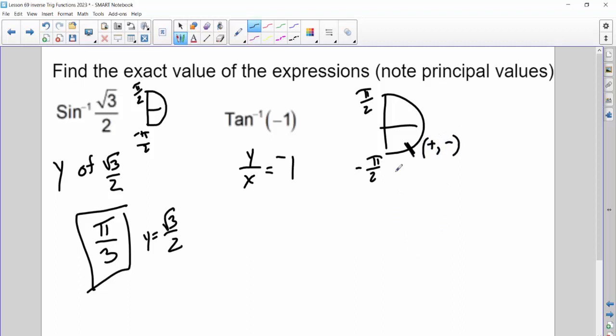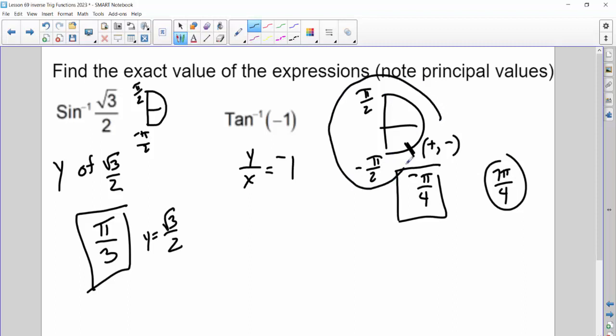And the only place where I have a positive and a negative value is at negative pi over 4. Or what you guys might be looking at is 7 pi over 4 on your unit circles. But we have to answer between negative pi over 2 and pi over 2. And 7 pi over 4, while it's a coterminal angle to negative pi over 4, is more than pi over 2 and can't be used as a principal value.